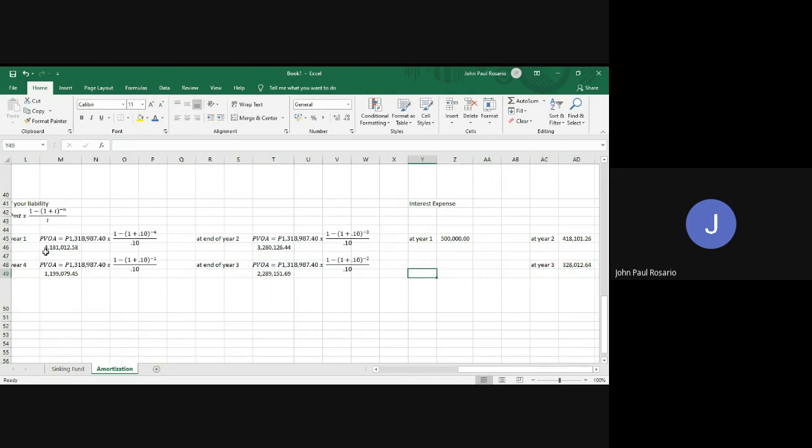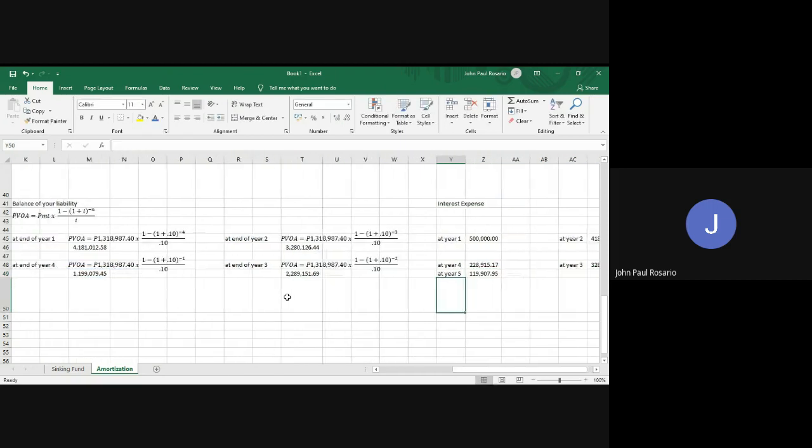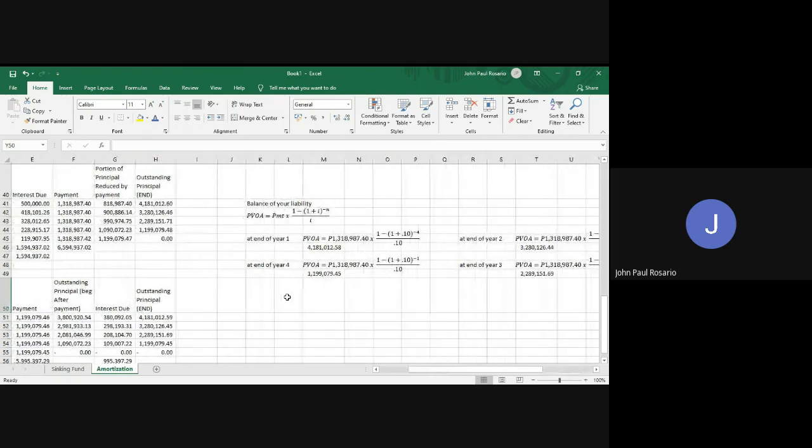For year four, again, get the balance at year three and then multiply that by 10%. And for year five, just for the sake of completing it, you get the balance at year four and multiply it by 10%. So if you would check the table, that's 500,000 now, 500,000, 500,000.